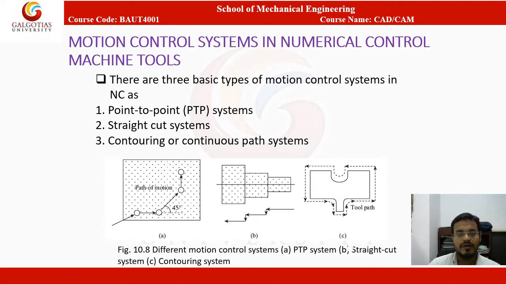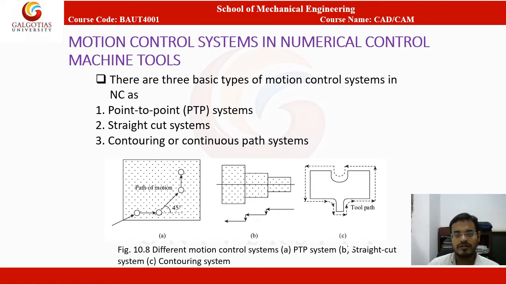Only the initial and final points are considered. That is called a point to point system, like drilling. Drilling means you are drilling the part at a specified location. The path of motion is not important, only the initial and final points.